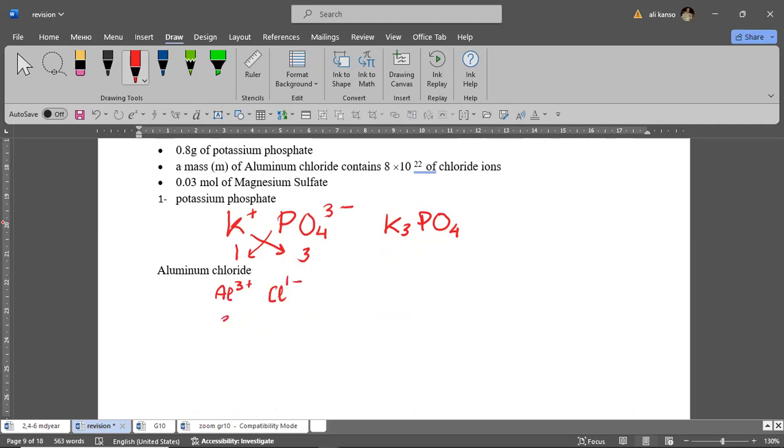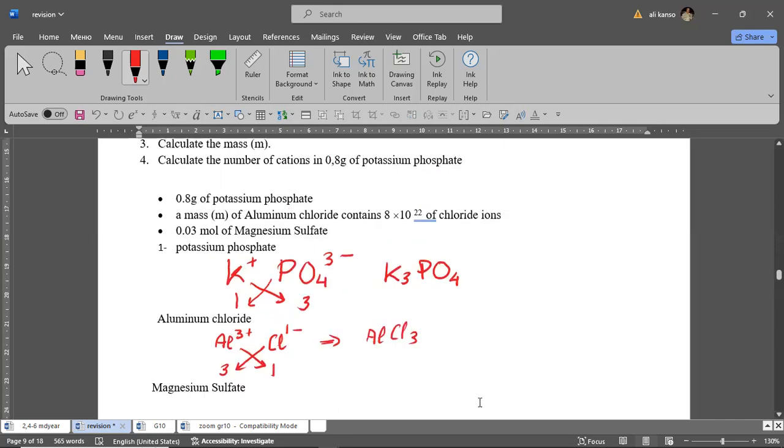This has a charge of 3, and the other has a charge of 1. So we crisscross and we get AlCl3, Al1 and Cl3.